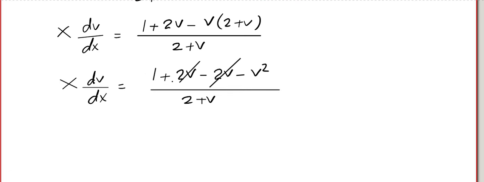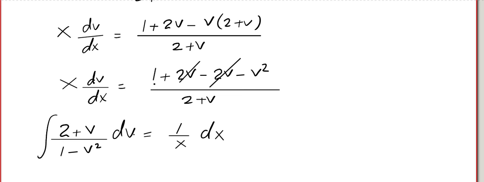Do you remember in the last video when we learned homogeneous, I gave you one promise. If you plug in Y is equal to VX and simplify, I promised that you will always end up with a variable separable differential equation.